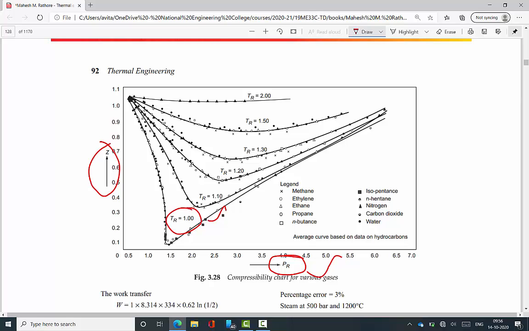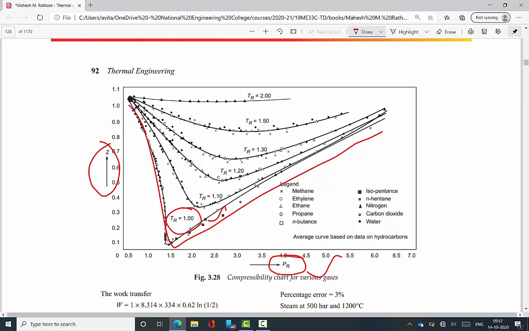Once we determine the Z value, we substitute it in the equation PV equal to ZRT, proceed with the same calculation, and find the unknown parameters. This is the use of the generalized compressibility chart. In the curve, all gases are plotted: cross for methane, circle for ethylene, and light triangle for ethane.